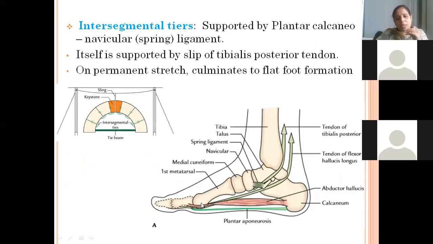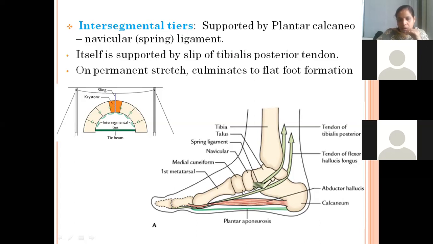Now, intersegmental ties. I told you I will be showing you the various structures in the sole which are holding the bones in position. When you recollect the sole, what is the first layer we have seen? Plantar aponeurosis, isn't it? Then we have seen the first layer muscles: abductor hallucis, flexor digitorum brevis, and abductor digiti minimi.